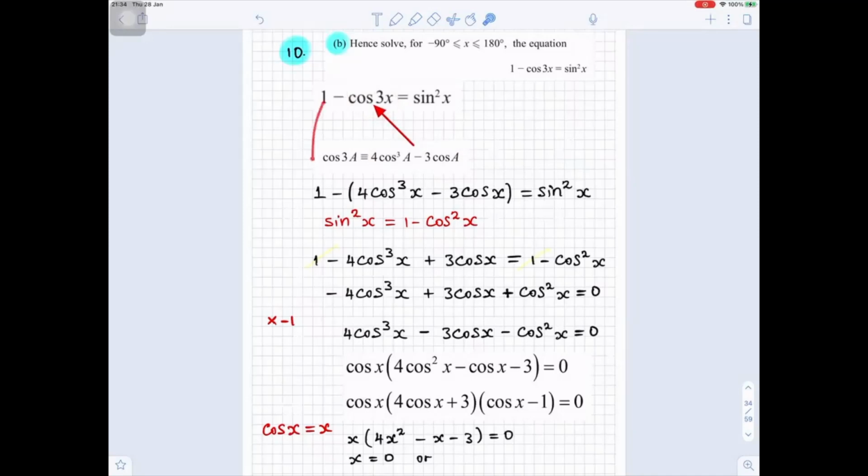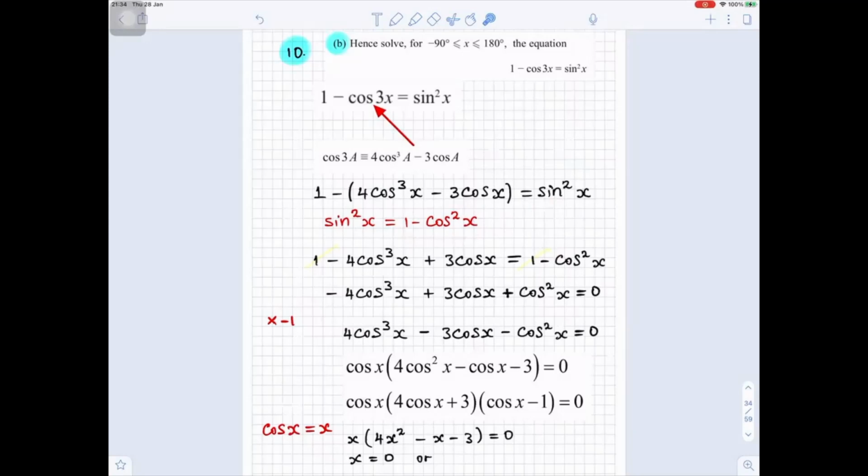So you will get 1 minus (4 cos cube x minus 3 cos x) equals sine squared x. But sine squared x is 1 minus cos squared x. So we replace that sine squared with 1 minus cos squared.